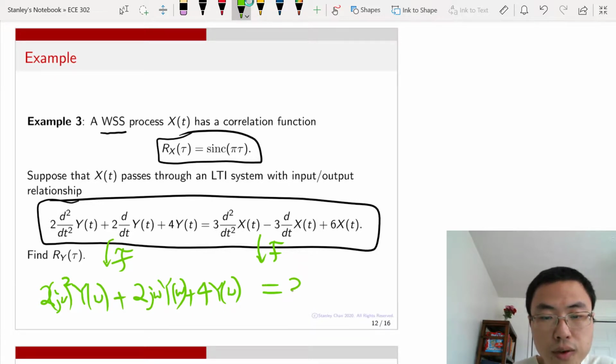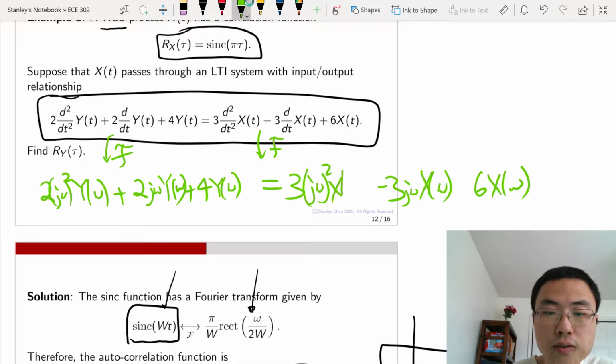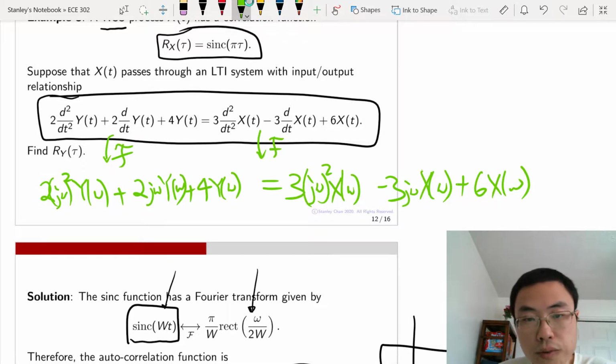And on the right-hand side, you have 3, minus 3, and then 6. Clearly this is 6 times X(omega). Then here it would be j omega times X(omega), and then here you have (j omega) squared times X(omega). So these are the Fourier transform of your differential equation.